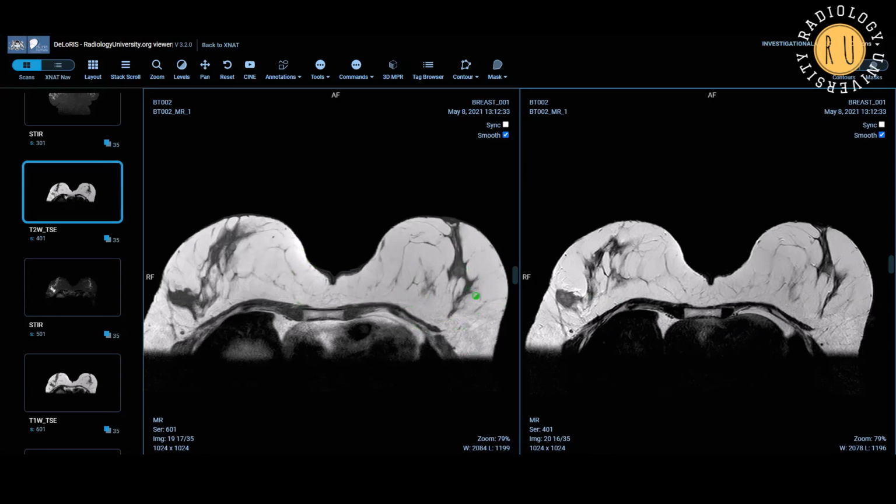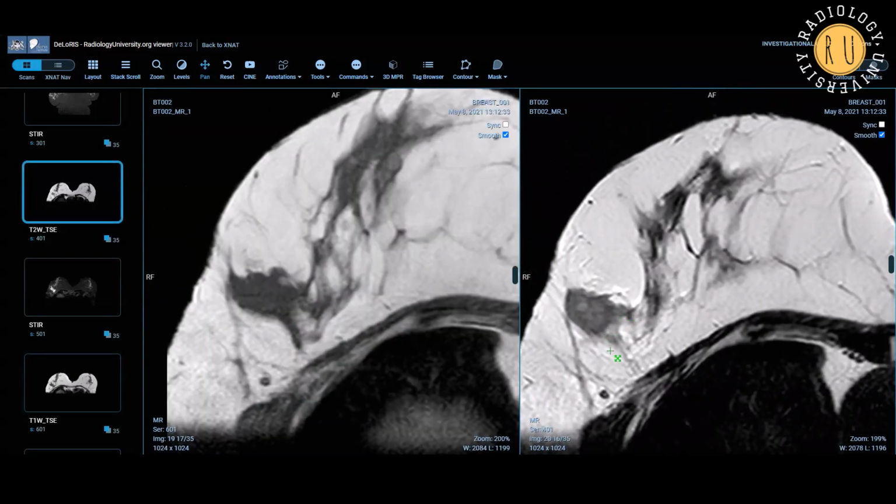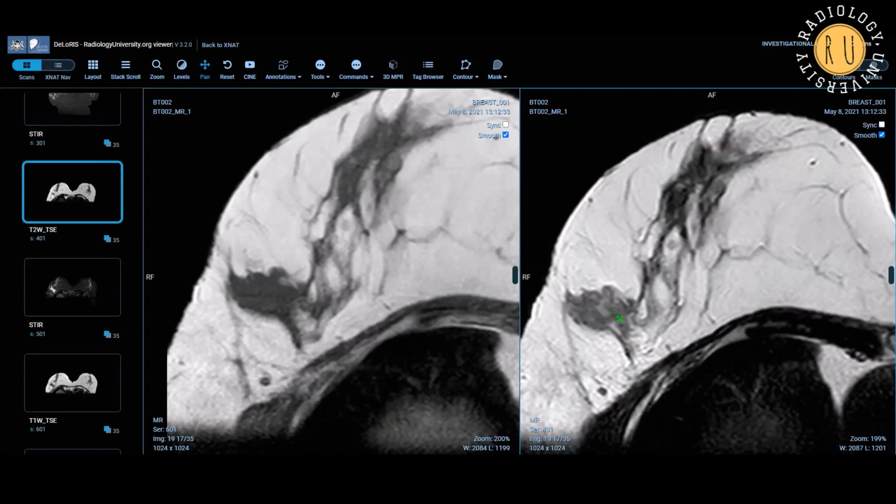You don't usually have any water-intensity structures around in the breast, so you can't easily say that if it is hyper, it's T2. Unlike in the brain, where you have CSF to easily say it is T1 or T2, here you have mostly fat. And why is it important to know whether the lesion is T2 hypointense?